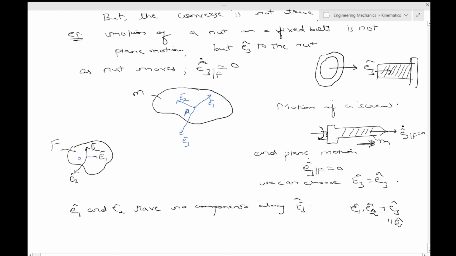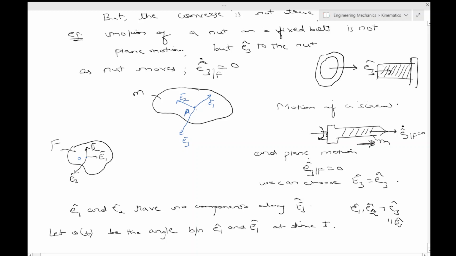Now let theta of t be the angle between E1 hat and E1 at time t. Let me try to show you that over here. It's the angle between small e1 and big E1.